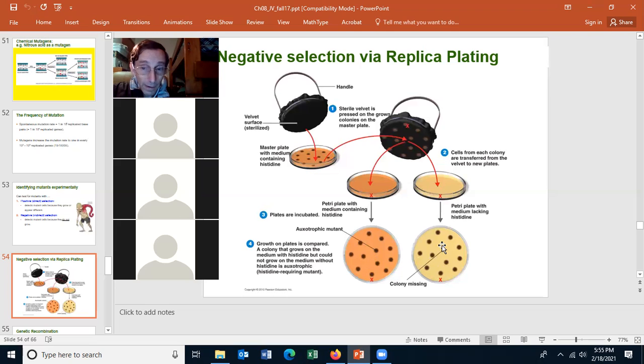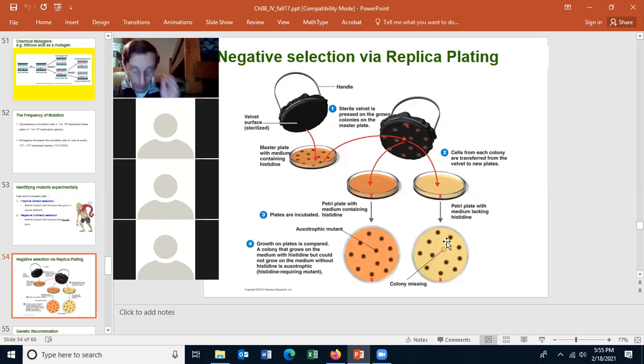These cells here will grow if you do not supply the amino acid histidine, so that the cells can make the amino acid themselves from some product. Usually they'll make it from another amino acid, but I don't know.